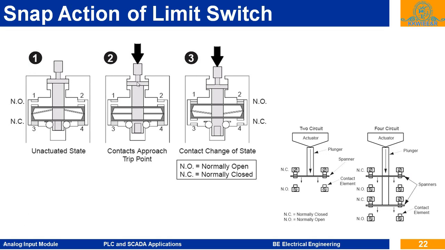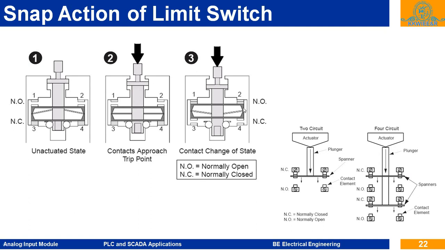So this is an intermediate position. This actuator will move and the spring is straight. With further operation of the actuator, it will move to its final position, and because of this spring action, these contacts will move in the upward direction.